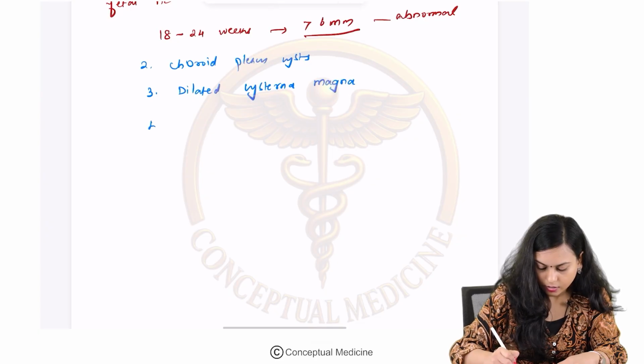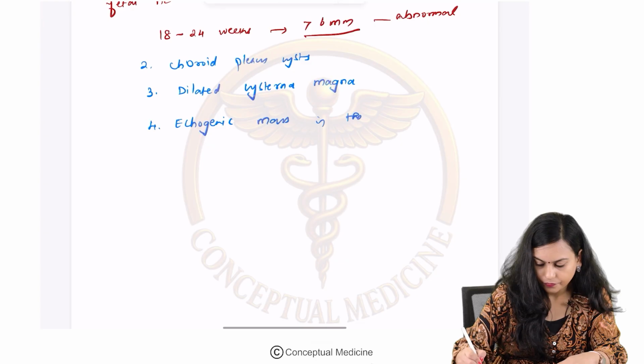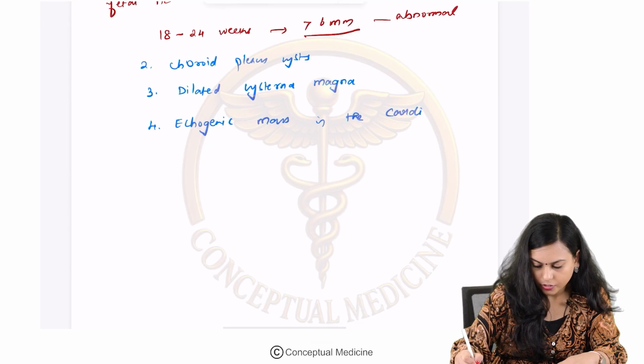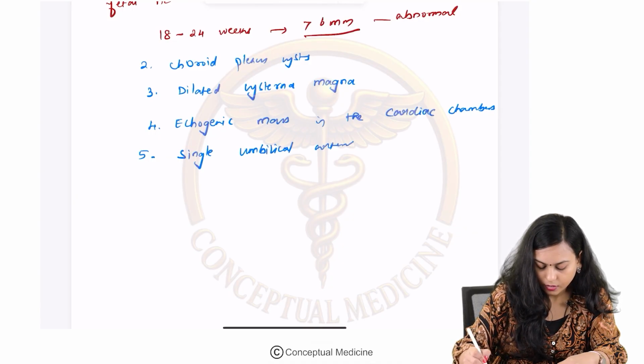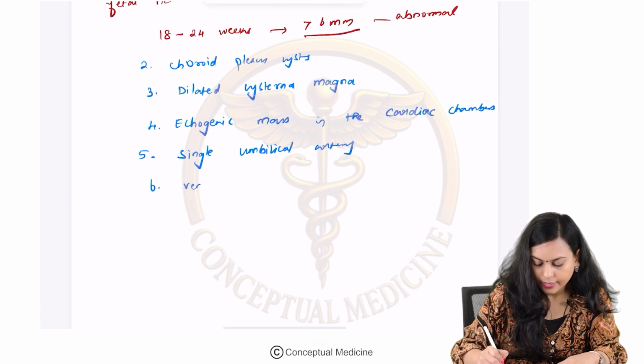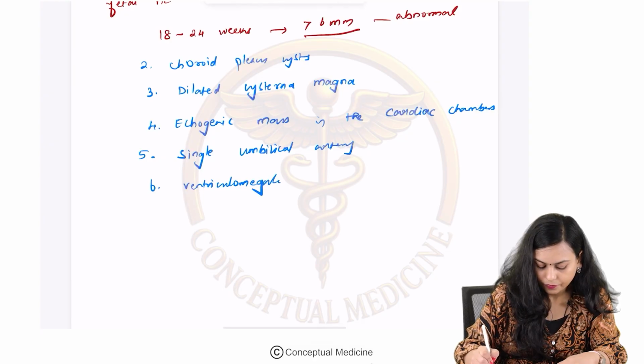Then there can be an echogenic mass in the cardiac chambers, or as we have seen, there can be a single umbilical artery, or there can be ventriculomegaly.